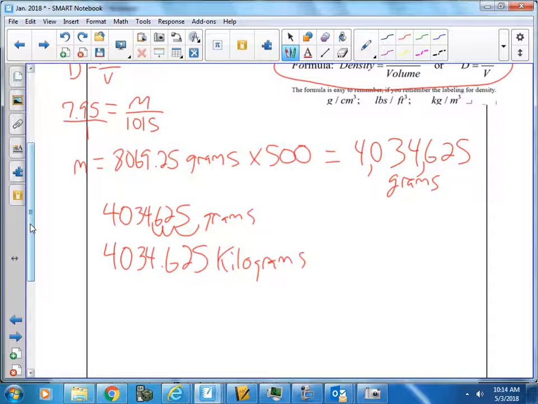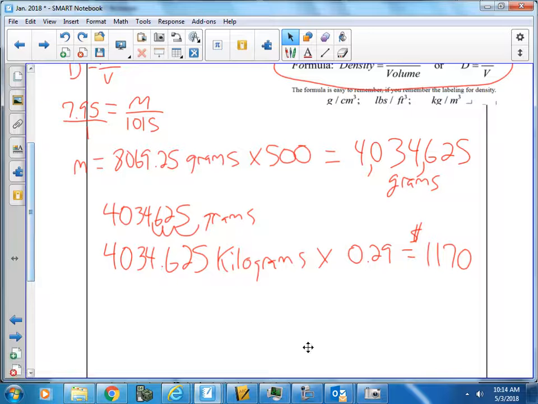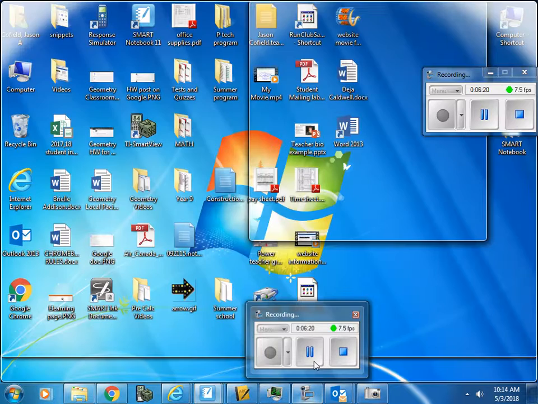Now, since we have the mass in kilograms, we can multiply that by 0.29, or 29 cents per kilogram, and remember, to the nearest dollar, it's going to be $1,170. All right. So there we go for that problem. We'll come back and do the last one.